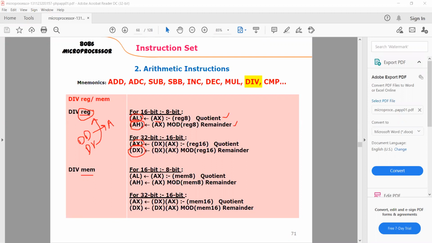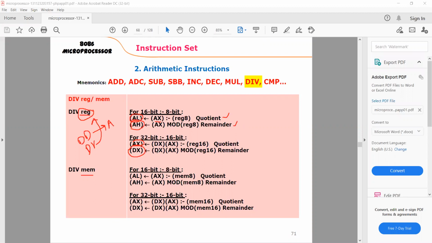For performing the division operation, you need to give inputs: one is the dividend and the second one is the divisor. The dividend will always be stored in the accumulator, the A register. The only thing you have to specify is the divisor location, which is either a register or a memory location.